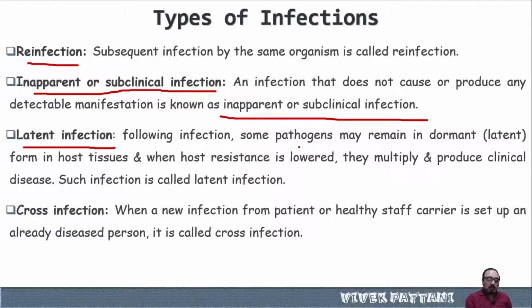But in the case of latent infection, it may occur after years also, where the pathogen is still present in the body, and when the host immunity is lowered, it may again infect the host. Such cases are found especially in tuberculosis treatment, if the treatment is not being completed properly.